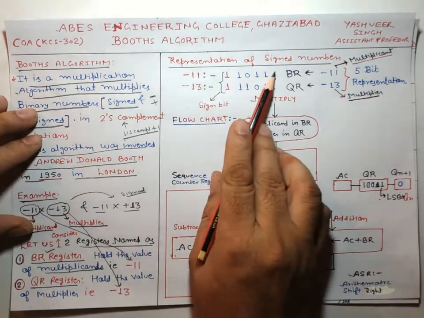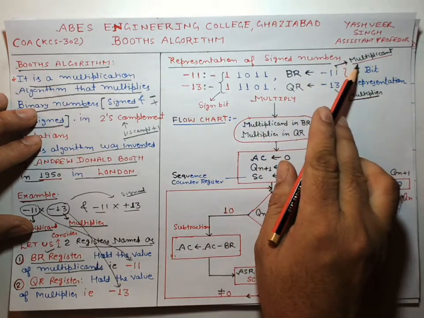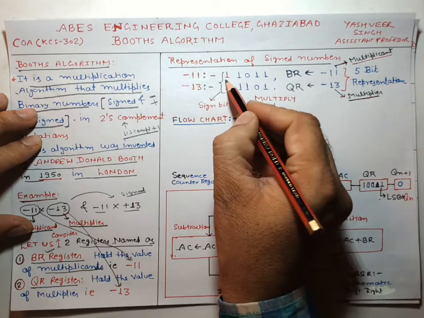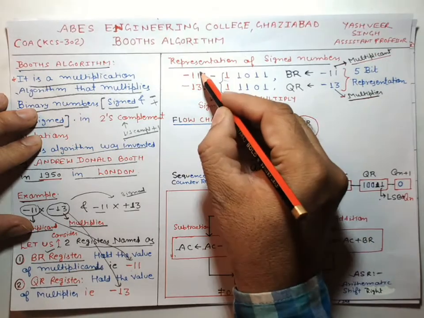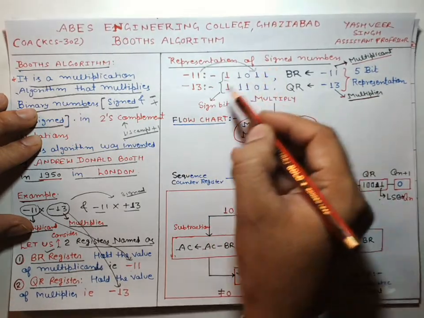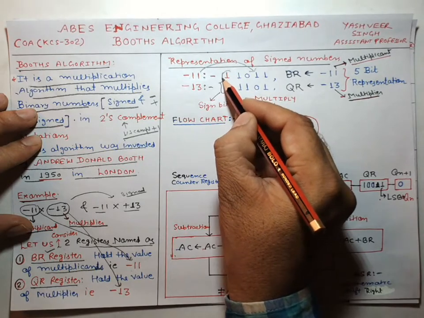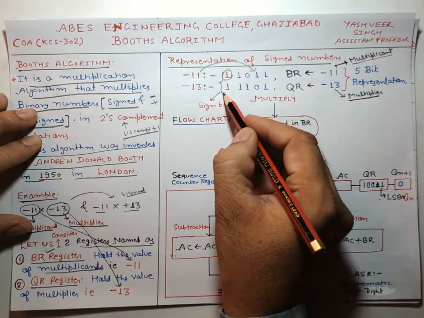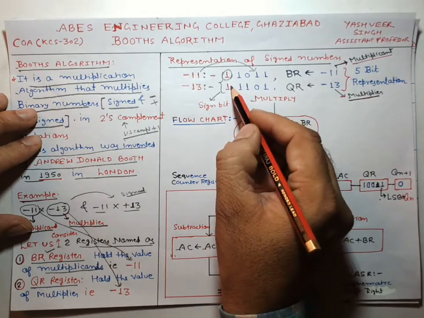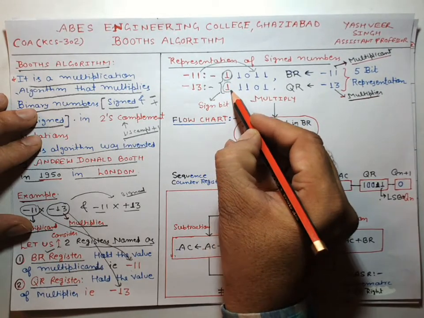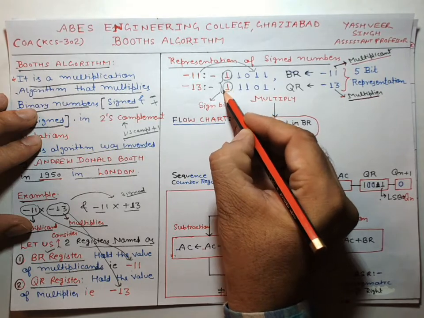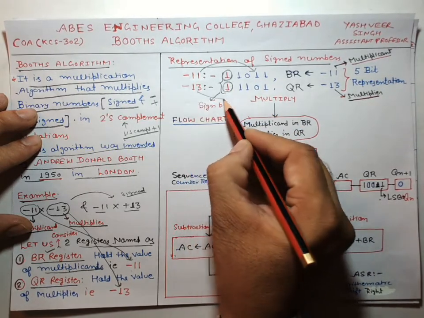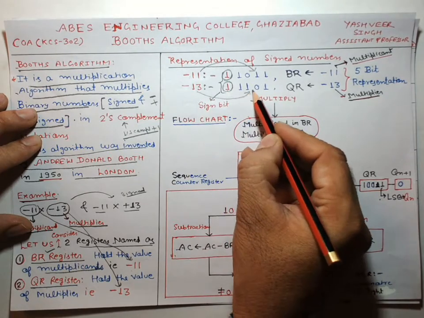The representation of signed numbers is as follows. Minus 11 can be represented in this form: 1 and then the binary number of 11. The first bit, the most significant bit, is the sign bit, shown in red. This bit represents the sign bit and this is the binary number of 13, 1101.